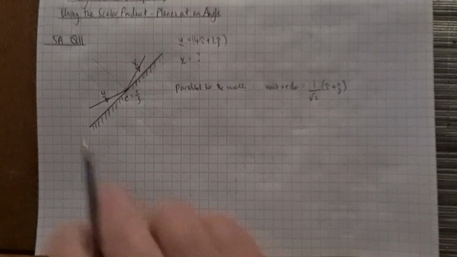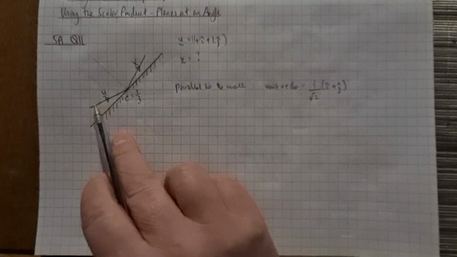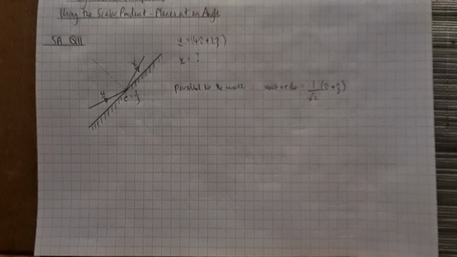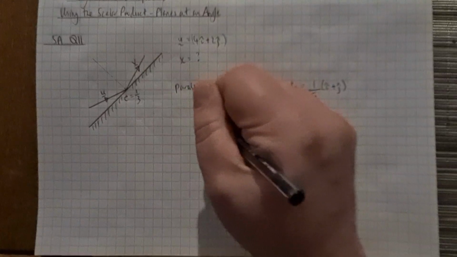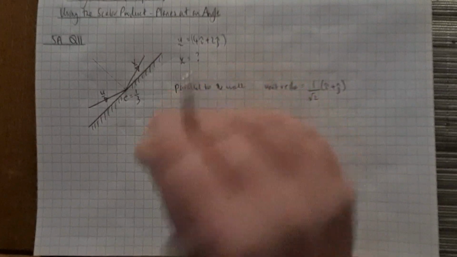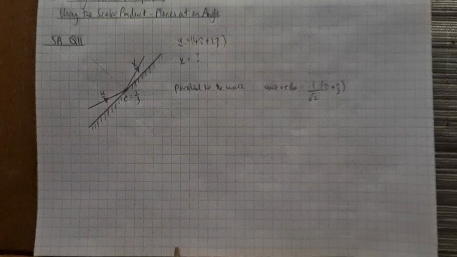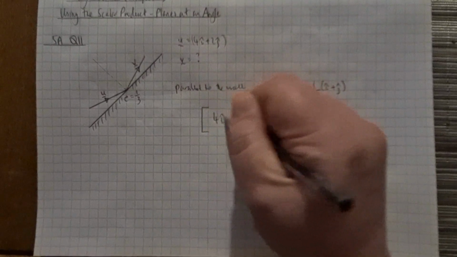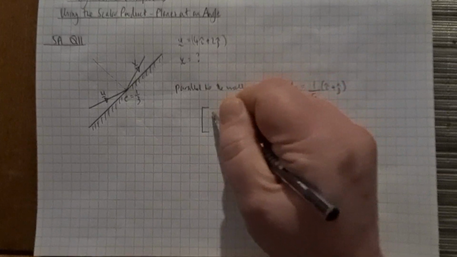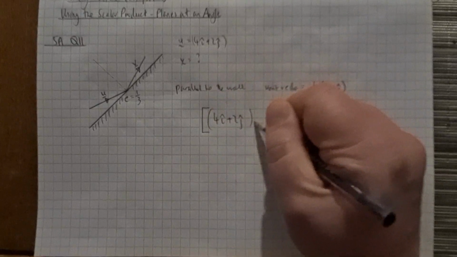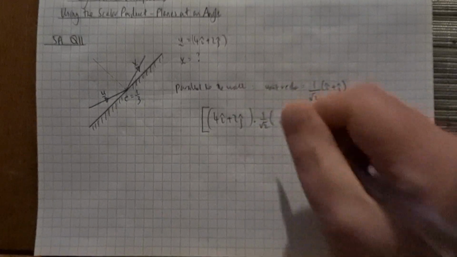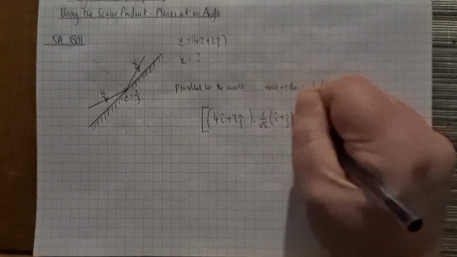Now, what we need to work out is the component of this vector, in vector form, in that direction, and this is where we use our scalar product. We have the scalar product we need to use to find our multiple of that vector. We've got 4i plus 2j dotted with our unit vector 1 over root 2 times i plus j.